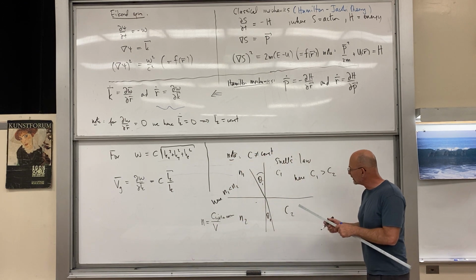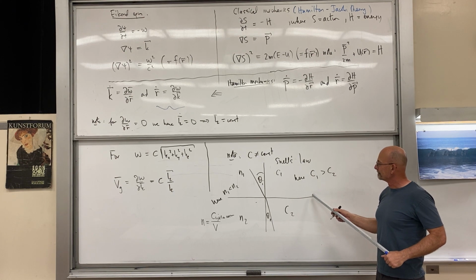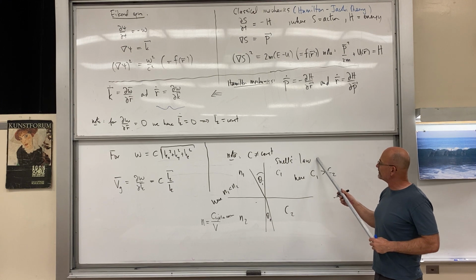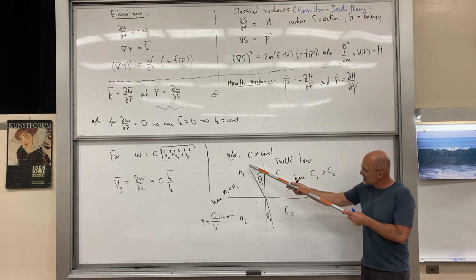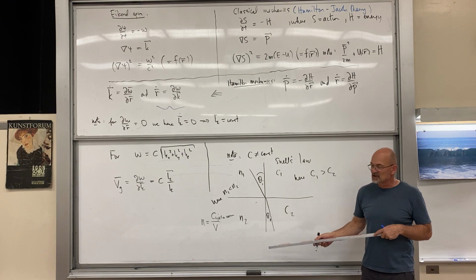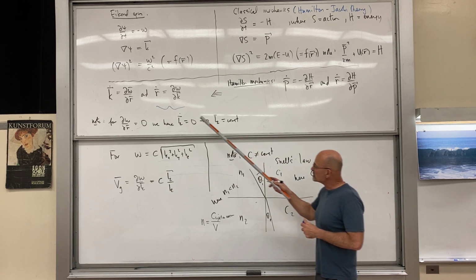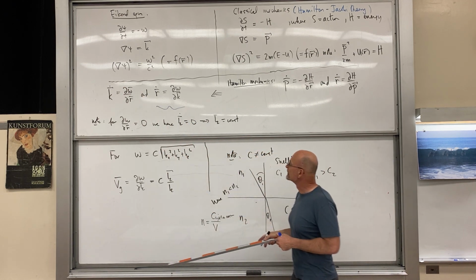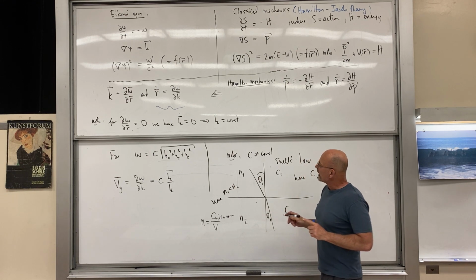And here it's just the speed in the medium. Okay, good. So the point was, when the speed of sound changes, the direction of k changes as well. And this is the more general version of that. Good, we'll leave it right there.